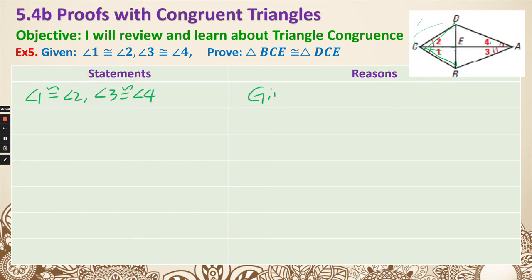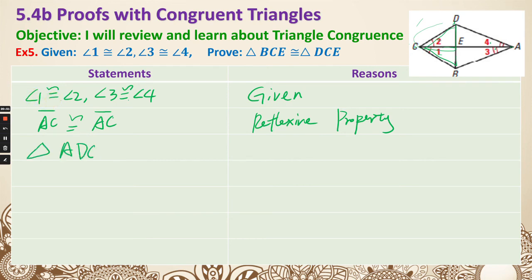Given. And then we can see AC is congruent with AC. That is the reflexive property. Because of that, angle, side, angle, we can say triangle ADC is congruent with triangle ABC. Well, sorry, not that.